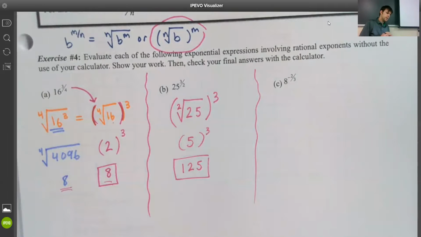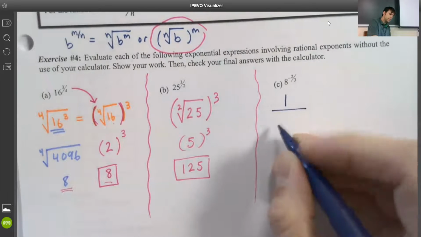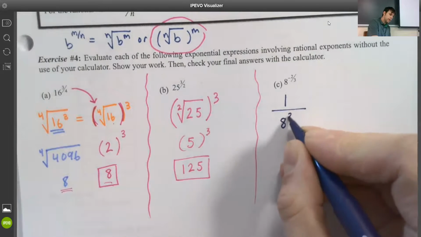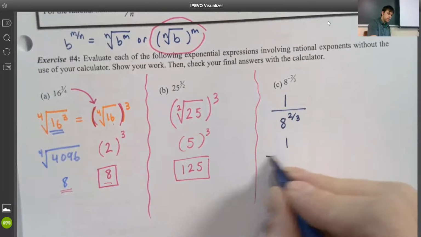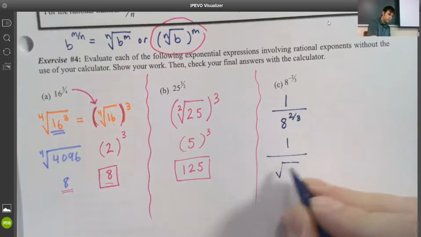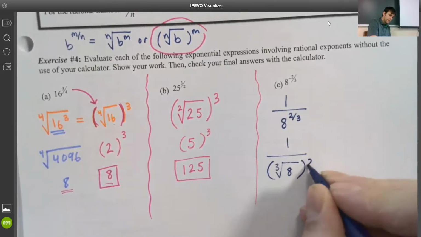Last one on this page here, 8 to the -2/3. Remember, with negative exponents, we often want to write that as a positive version. So we'll write it as 1 over 8 to the 2/3. And now we'll start simplifying. We'll deal with this fractional exponent. So we're going to be taking the cube root of 8, and then we'll be squaring it, right?